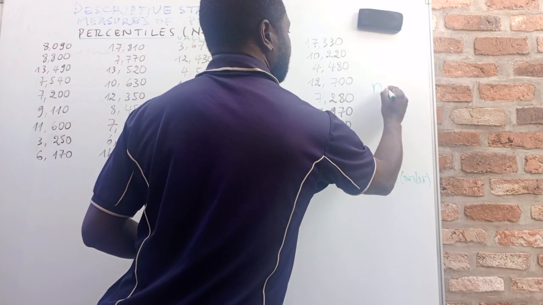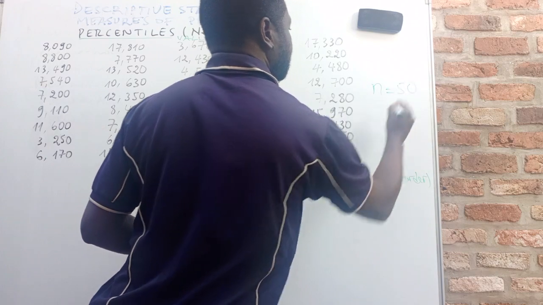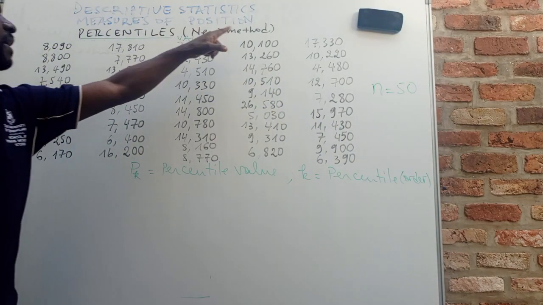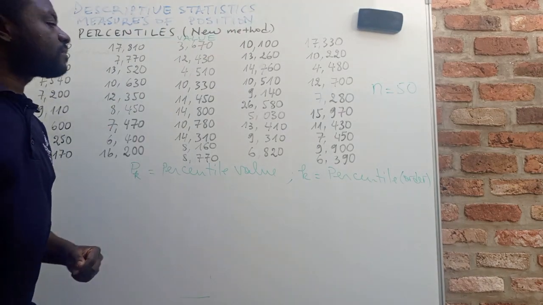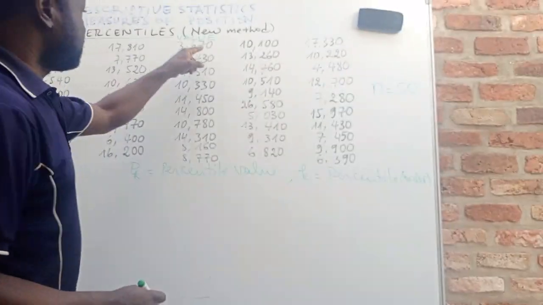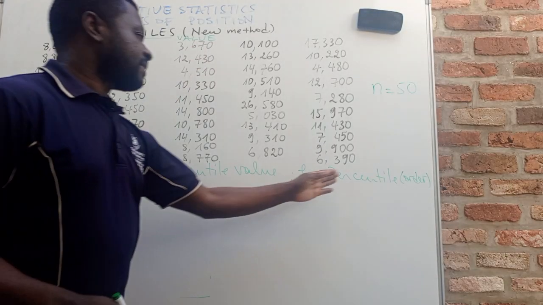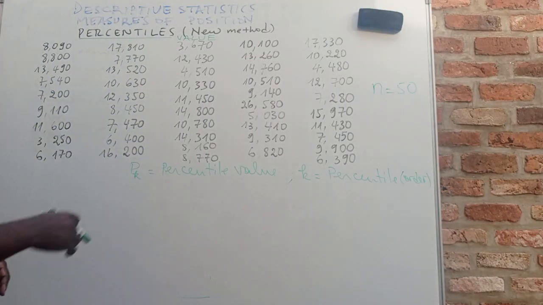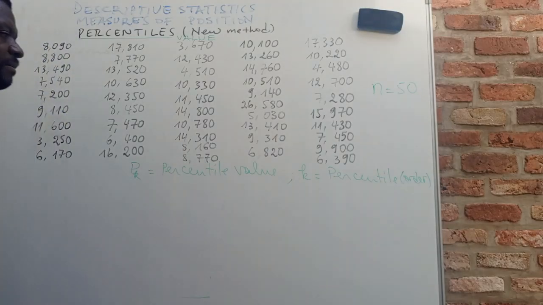N is equal to 50. Now I'm going to talk about a new, easy method to calculate the percentile values and the percentile rank or order, or in short, just percentile.